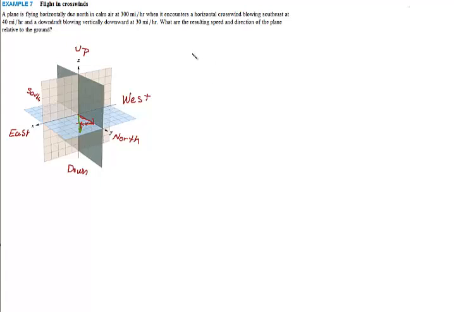So let's sum this up and look at our speed vector. This is going to be 300 in the J direction. Now the crosswind that is in that southeast direction, it has an X component or an I component and a J component. Both of them, just the eastwardly would be positive, and then the southerly would be negative.